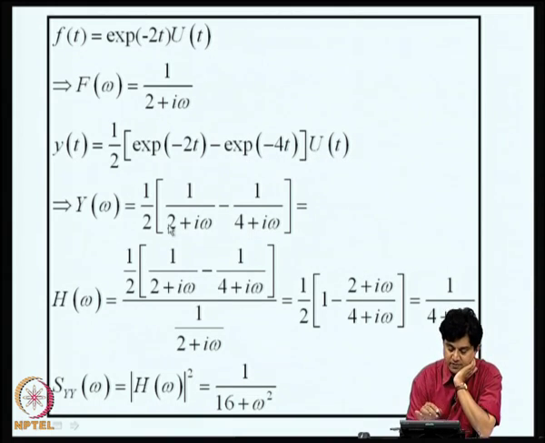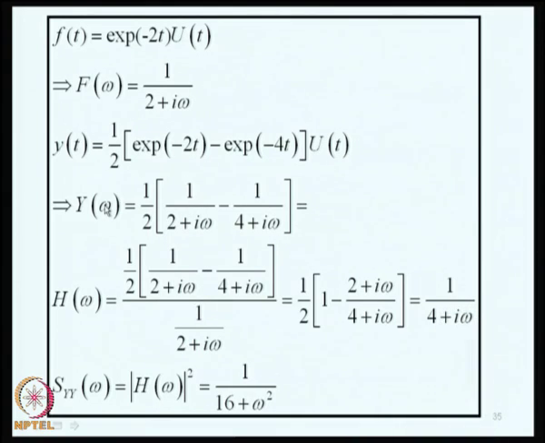The Fourier transform of y of t can again be derived, and that is shown here, and based on this we can determine the complex frequency response function, which is the ratio of y of omega to f of omega. If you do that, I get h of omega as 1 by 4 plus i omega.